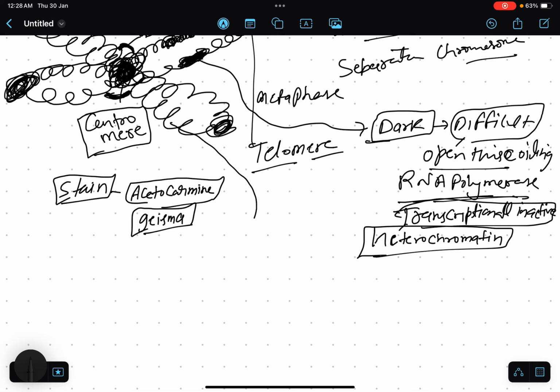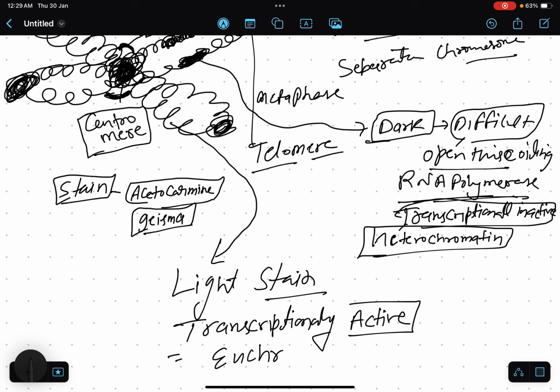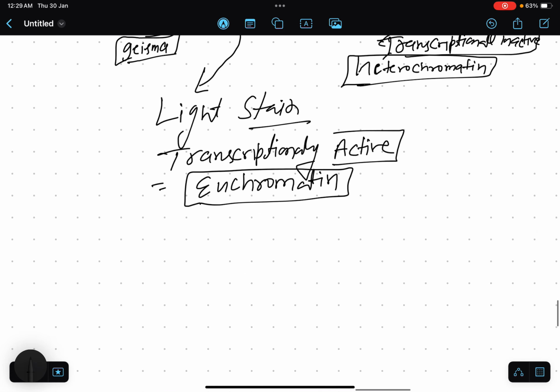And if it is lightly stained, easy to open, then it is transcriptionally active, and it is known as euchromatin.